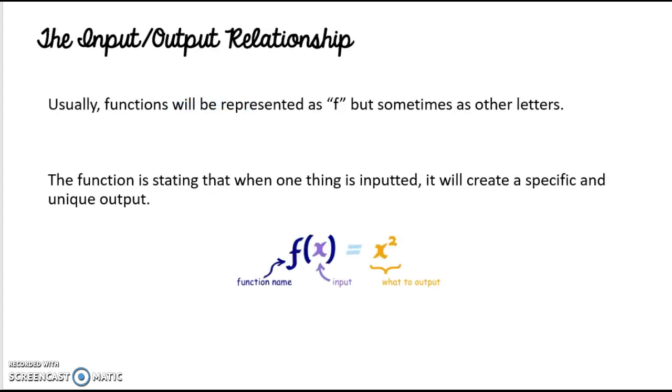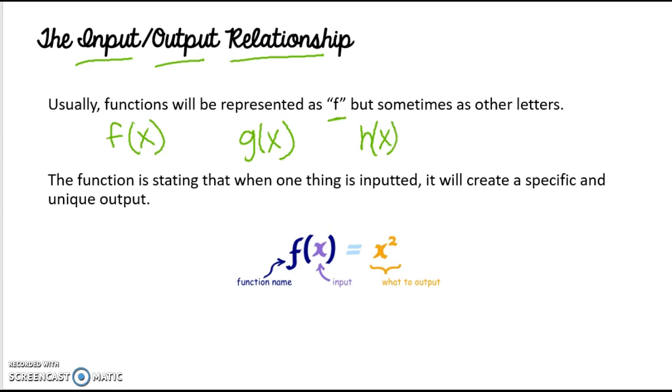And what that describes is the input and output relationship. So usually functions are represented as an f, so typically it's f of x. If there's more than one function, you might see g of x or h of x. All this still represents is that output, okay?